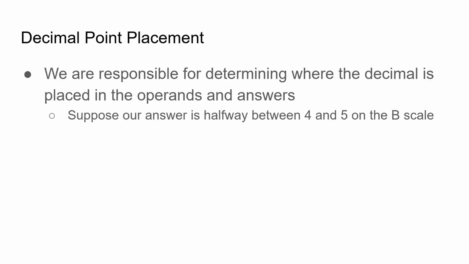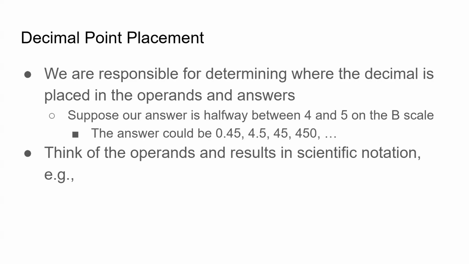So if we imagine that our answer is halfway between 4 and 5 on the B scale, for instance, well, that could represent 0.45, could represent 4.5, could represent 45, could represent 450, right? What does that mean? So we have to think of our operands and results all being in scientific notation.